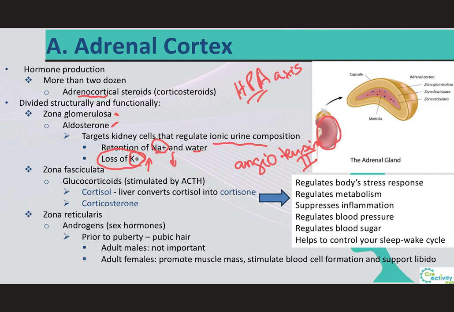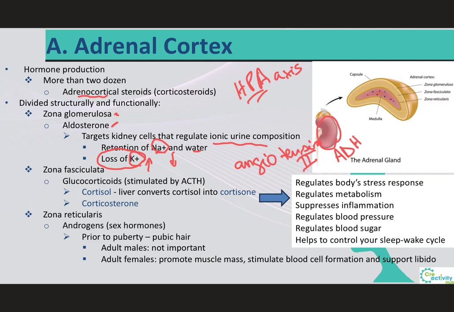Well, if you thought of the antidiuretic hormone, you're correct. So all of these hormones will have the same function, which is keep water in the body, retain sodium because water always follows sodium, and also increase blood pressure.